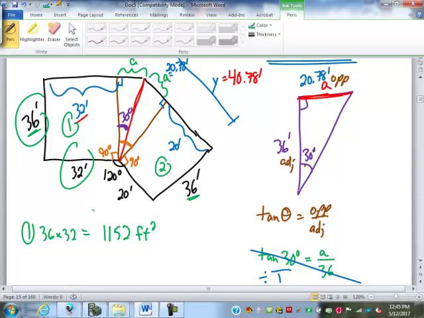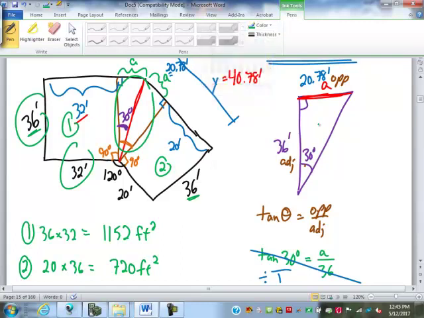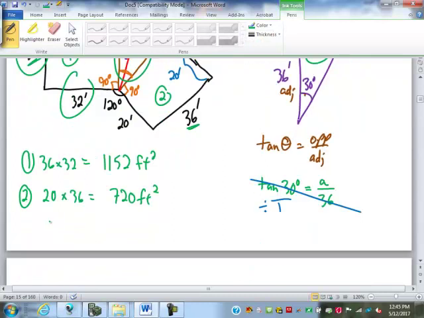Piece 2 is going to be this one over here. It's going to be 20 by 36, so 36 by 20, however you want to do it. 720 square feet. And then I've got this monster. That piece in there is going to be this triangle right here. That's half of piece 3, right? So piece 3, that's going to be 36 by 20.78.